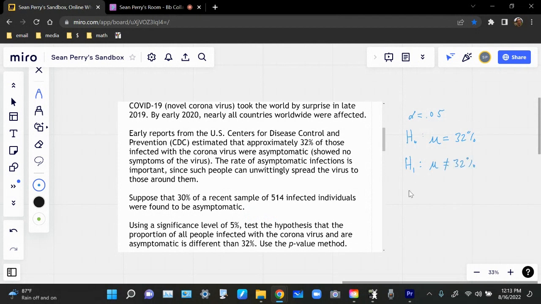We were told that they take a sample of 514 individuals, and in this sample, the proportion P, which is the number of infected individuals divided by N, they just told us straight away that that was equal to 30%. Now, 30% is less than 32%, but we want to know if that is enough less. We want to know if that is different enough to say that the true parameter is likely not 32%.